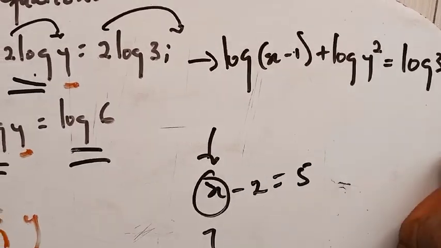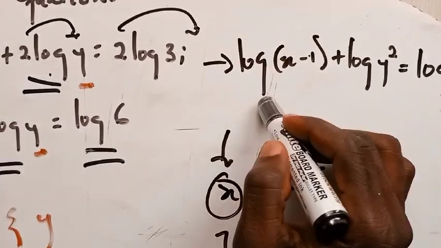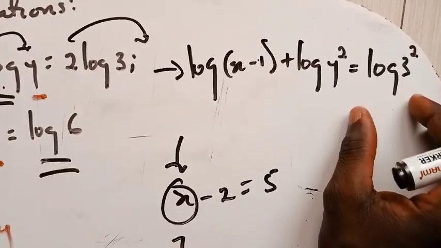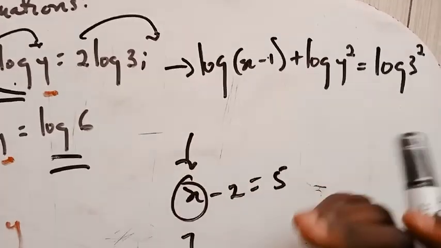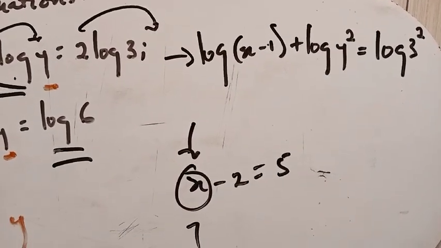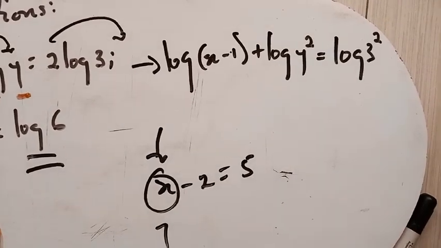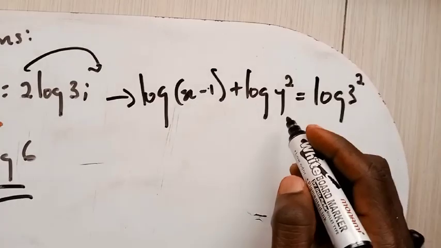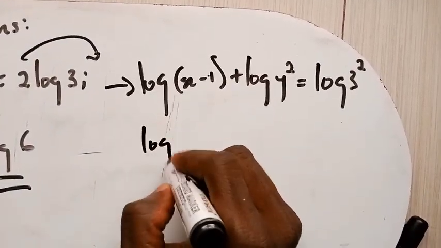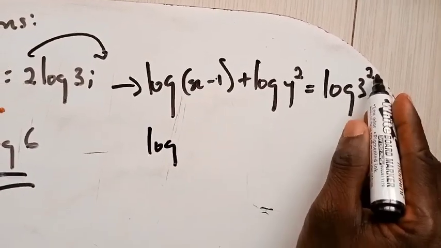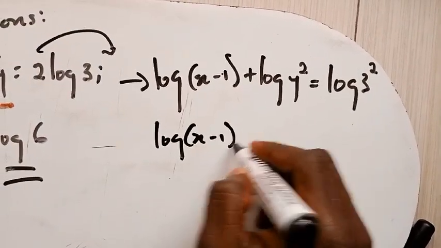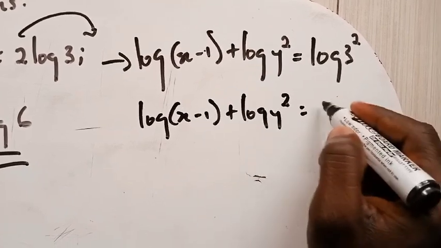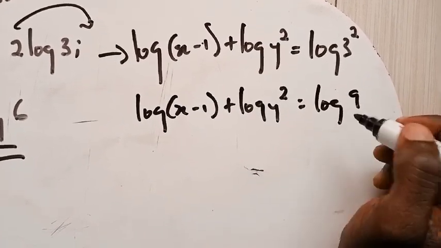So once we are done with the first step, now we are aiming towards removing this logarithm here. So what are we going to do to take off this logarithm from this, so that we can easily solve it with the idea of simultaneous equations, since we know how to solve it without a logarithm? So the next step from here is, you see this guy here tends to be 9, right? So log of x minus 1 plus log of y squared, everything is equal to log of 9.